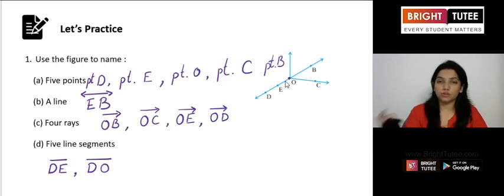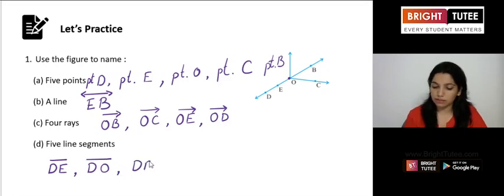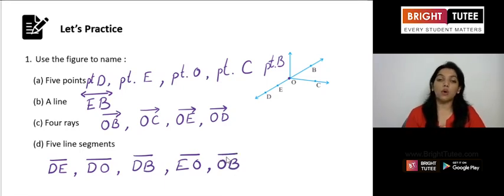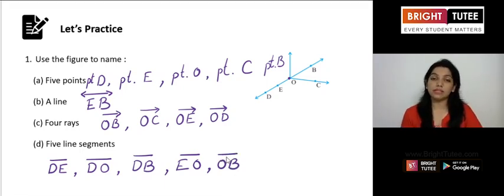So you can just choose any 2 points from the image. Similarly, I can write DB. Then I can also write EO. How many done? The last one left is OB. These are the fixed endpoints.